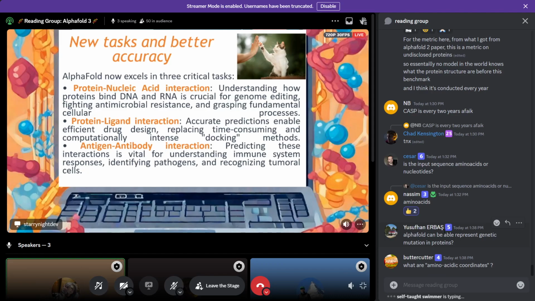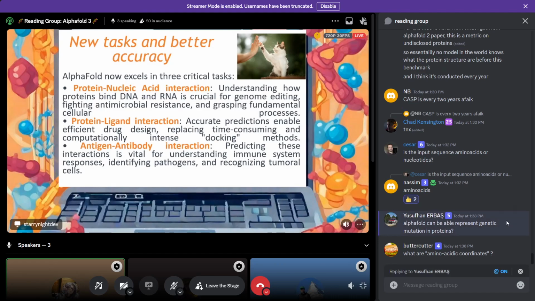AlphaFold 3 seems to do it better, especially because of this stable diffusion architecture at the end. But this is not all that AlphaFold 3 has to offer us. On another hand, you get three special fields that Google DeepMind underlined as breakthrough fields for AlphaFold 3.